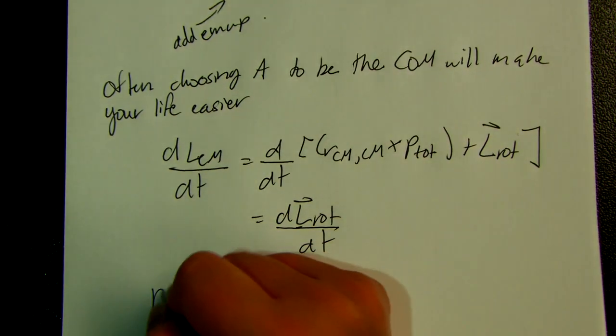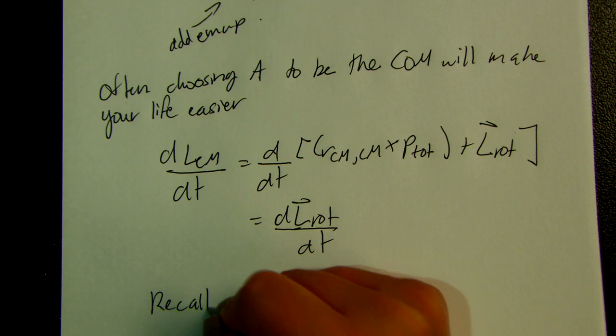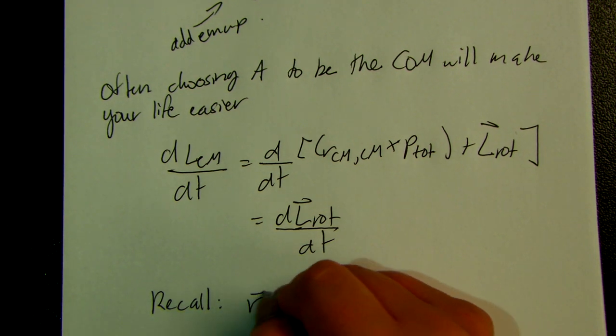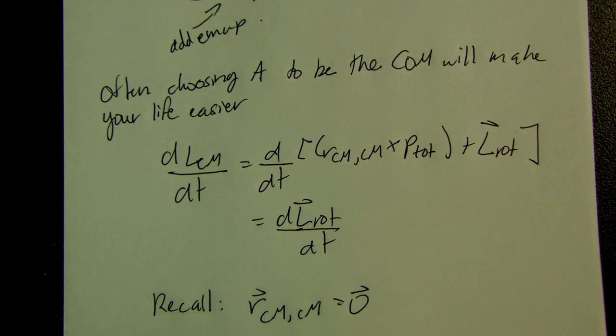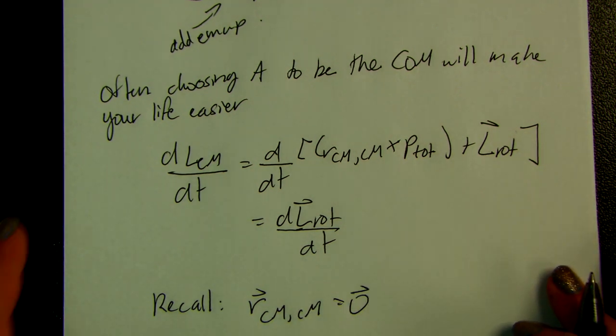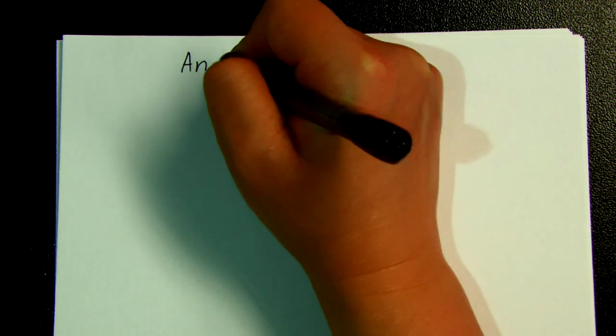If you recall, we talked about this in Monday's lecture: R_CM relative to CM is equal to the zero vector. Okay, so we can now write out the angular momentum principle.